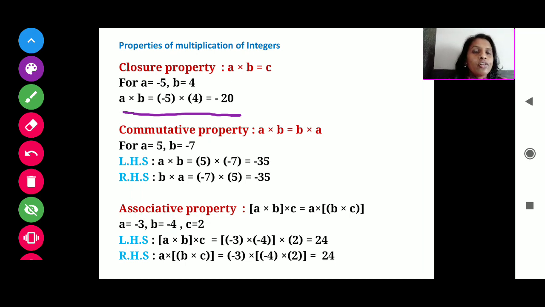So 5 4s are minus 20, and as you know, minus 20 is an integer. So when you multiply any two integers, your answer will also be an integer. So multiplication of integers is closed under this property, the closure property.